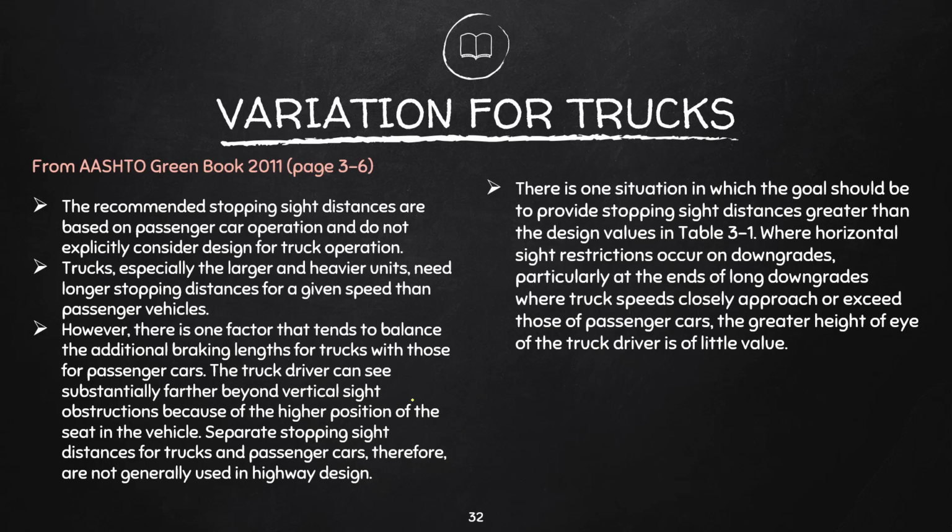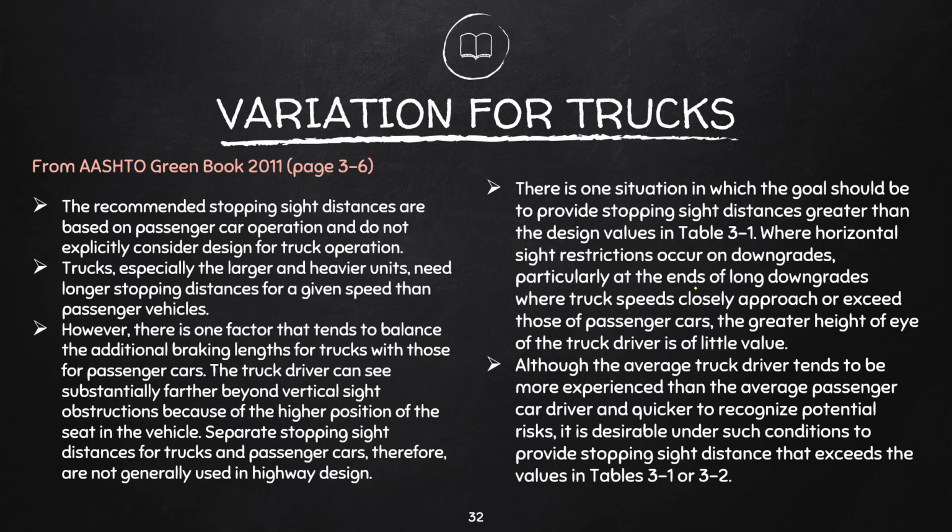So if the truck is going downhill, the deceleration is somewhat hard because it is affected by the weight of the truck, of course, and many other factors. So in that case, you should consider that if you are going to design for downgrades with very high values.